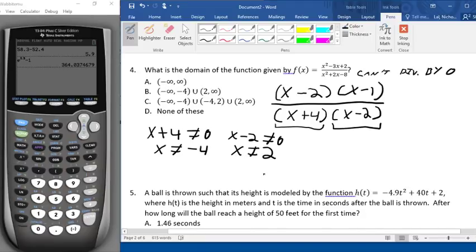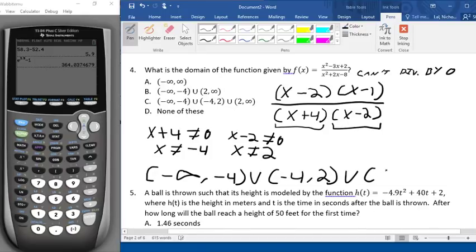So then you have a domain from negative infinity to negative 4, union, negative 4 to 2, union, 2 to infinity, because this is all numbers except for negative 4 and positive 2. So that is answer choice C.